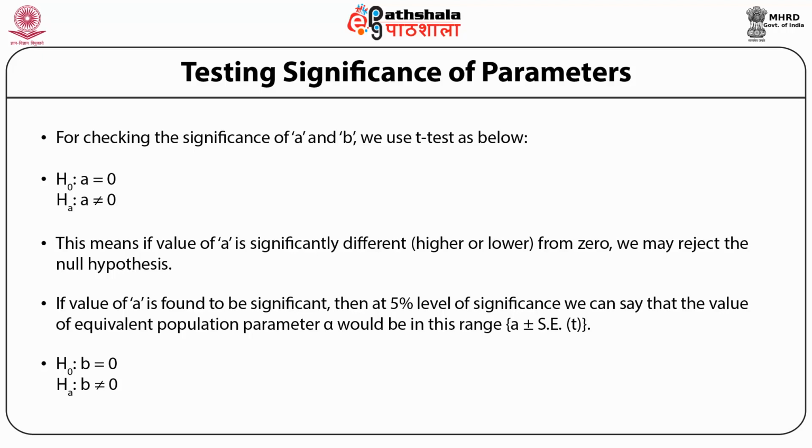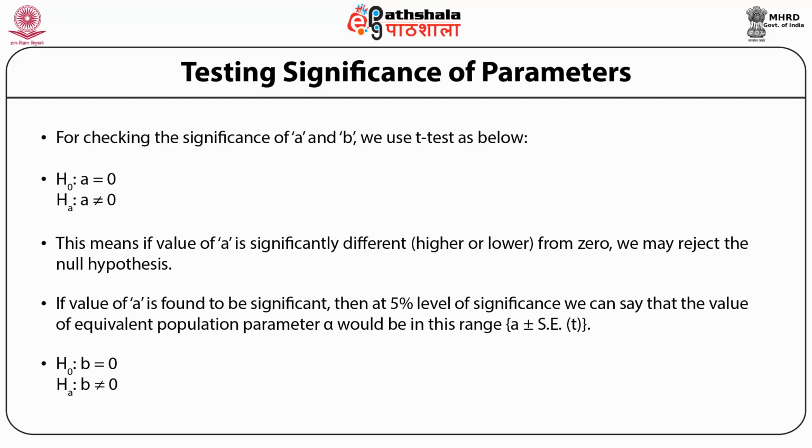Once we calculate the value of t using the t-test and its value is found to be significant, in that case we will assume that the parameter is significant and it must be retained in the equation.